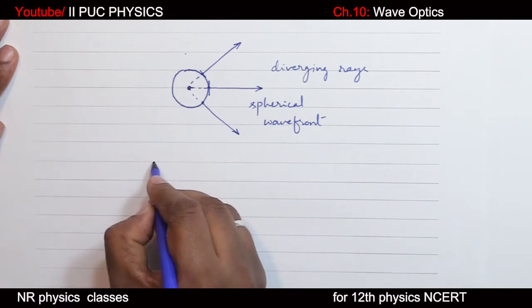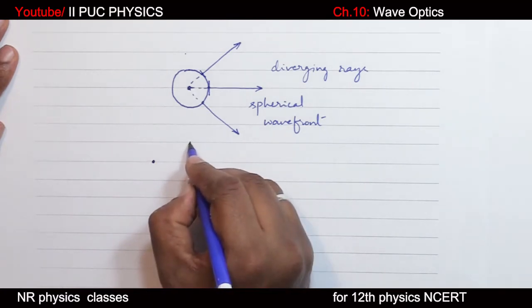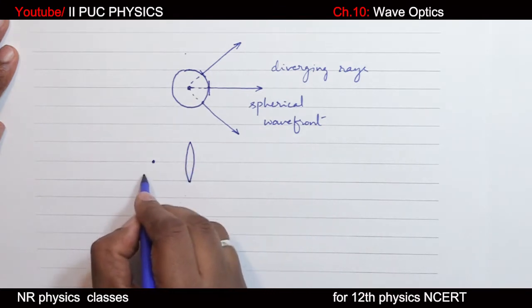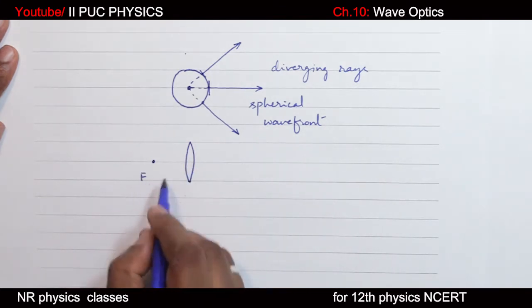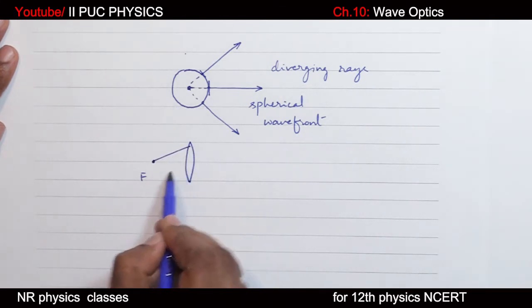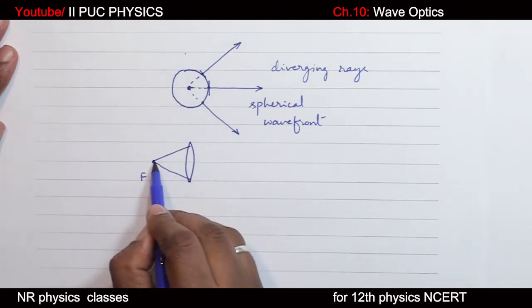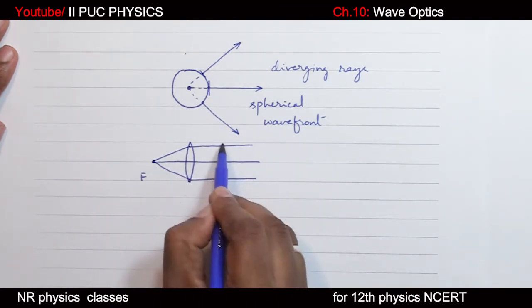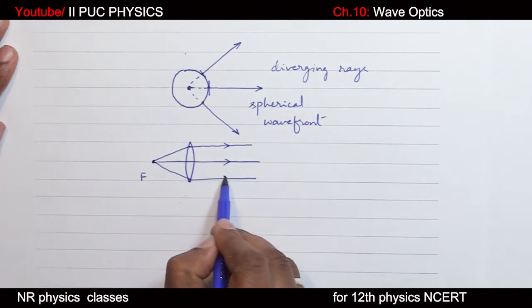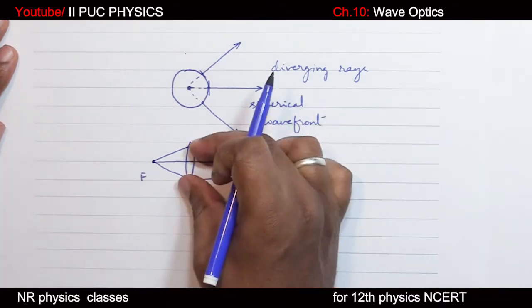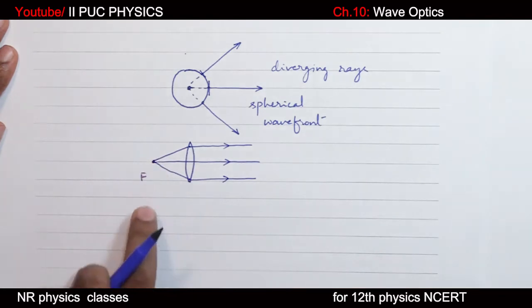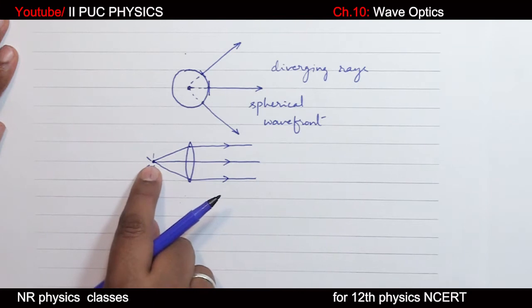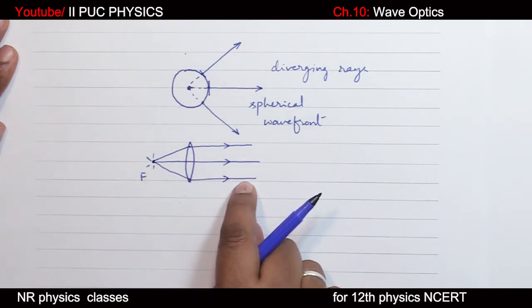Simplest case: if this is a point source, here is a lens, and this point source is at the focus, then the diverging beam becomes a parallel beam, isn't it? That is how we studied in ray optics. There, a parallel beam of light converges through a point, or if the source is at the focus, then we get a parallel beam of light.